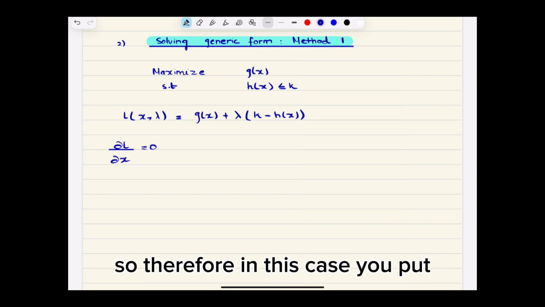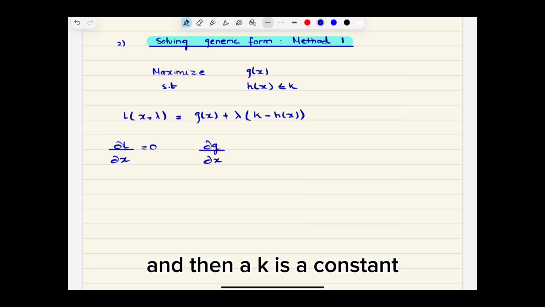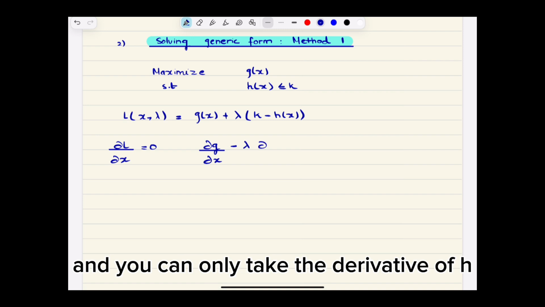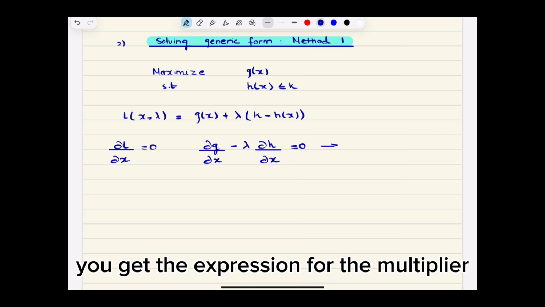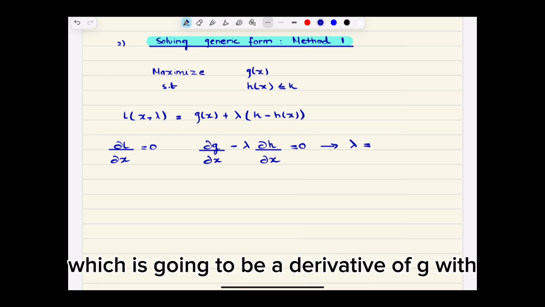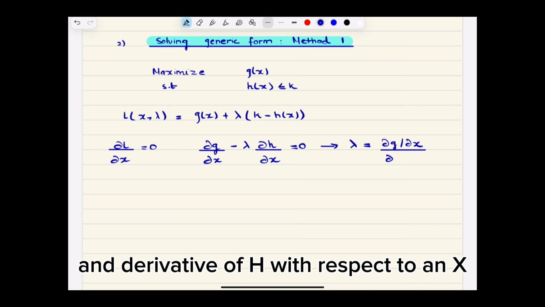So you take the derivative with respect to g, and k is a constant and you can only take the derivative of h with respect to x. Once you set it equal to 0, you get the expression for the multiplier, which is the derivative of g with respect to x over the derivative of h with respect to x.